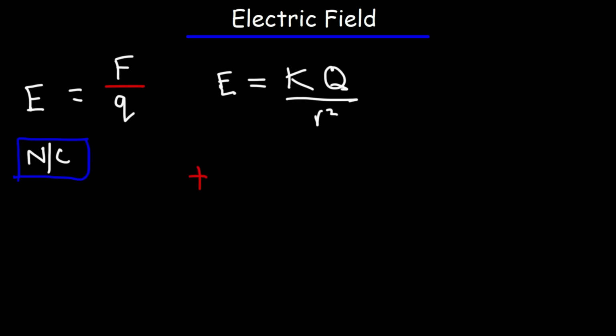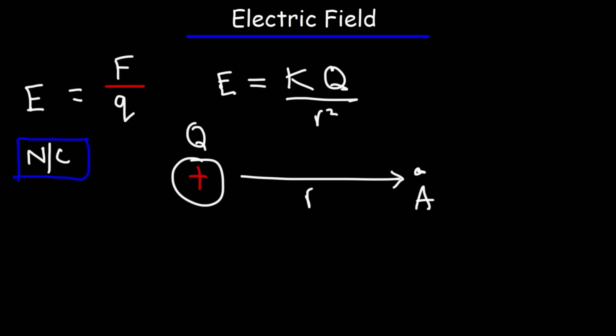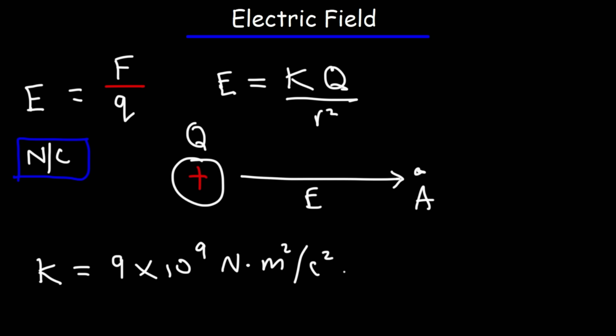So if we have our charge Q and we wish to calculate the electric field at point A, we could use this formula. K is 9 times 10 to the 9 newtons times square meters over square coulombs.